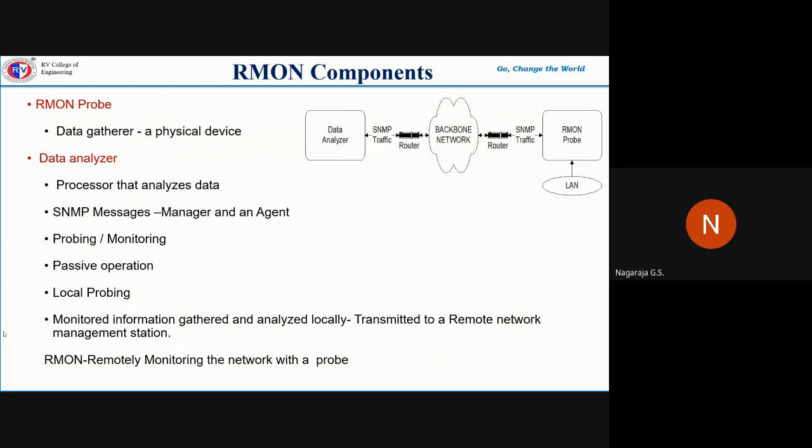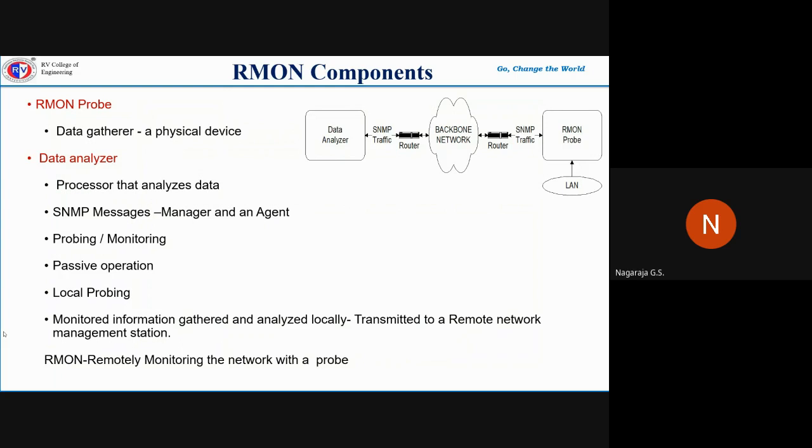That's where the RMON probe does the monitoring, gathering, and analyzing. Let us say you have one more LAN. Again, I am going to deploy one more RMON probe there.